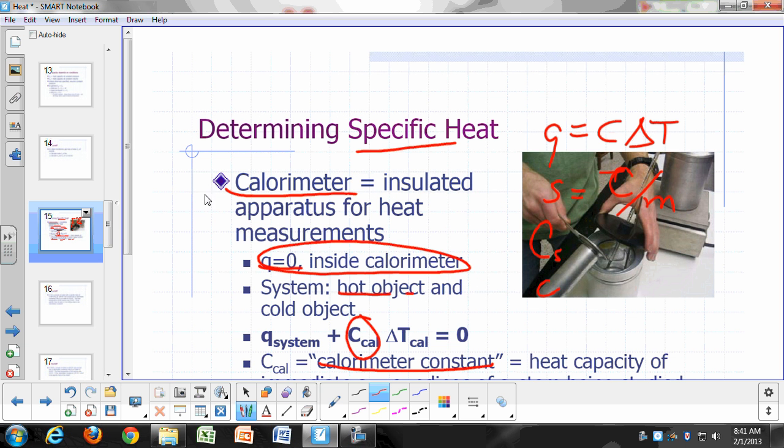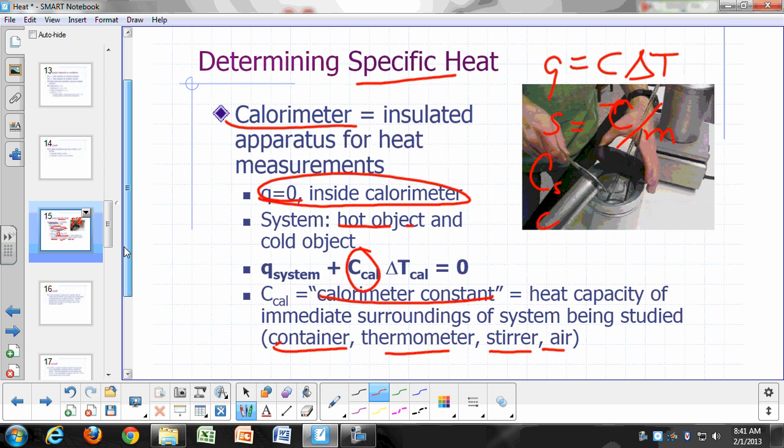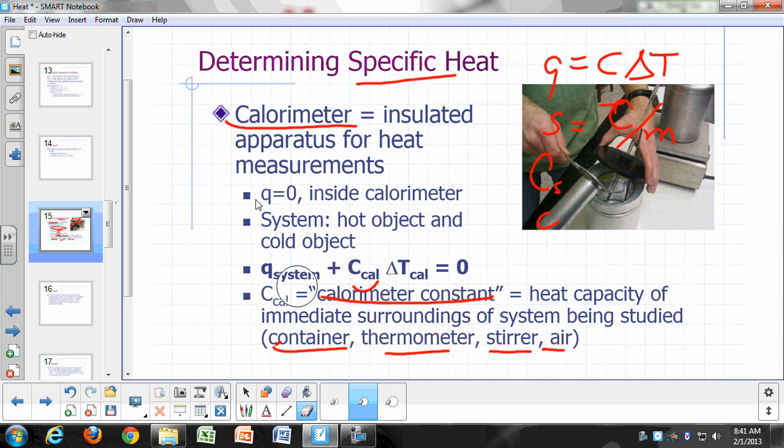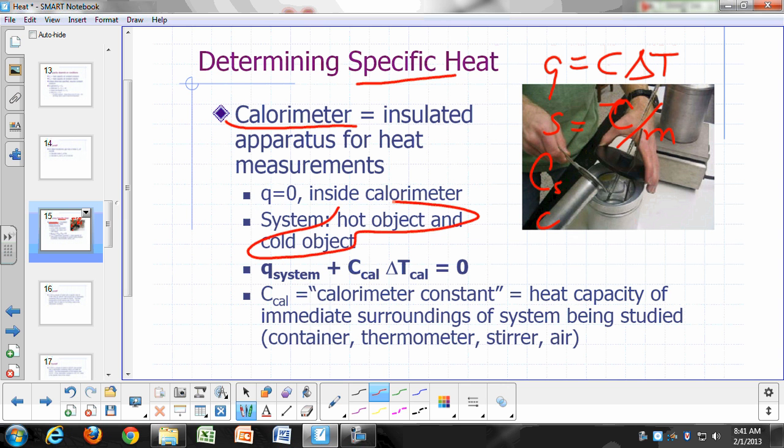In what we call a standardization run, the first thing you need to do in a calorimeter experiment is to determine this calorimeter constant. So when you do a standard run, you mix two things. The hot object and the cold object would have a known heat capacity. So if you can measure delta T for both objects, then you know the Q for both of them.